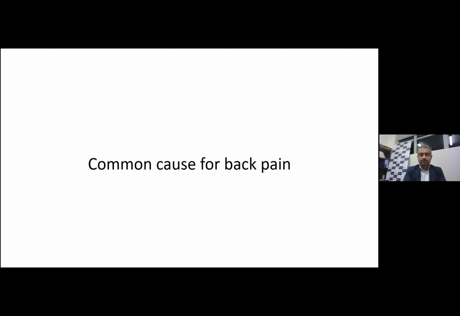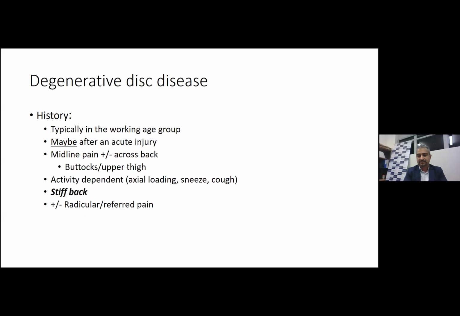Now, to go through back pain, I chose 4 common problems, and the first one is degenerative disc disease. In fact, it is a very generic terminology. As it says, it's degenerative changes, it is age-related, but more often you will see them in a working age group.